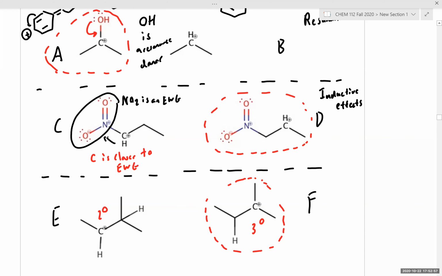So in turn, it exerts a relatively strong inductive withdrawing effect. Now, as we talked about inductive effects, what do inductive effects depend on? Do they care about distance? Do they care about how far away your atom is from the withdrawing group?